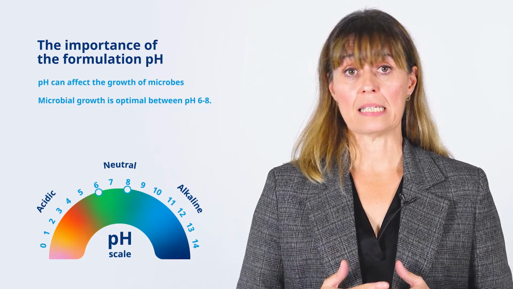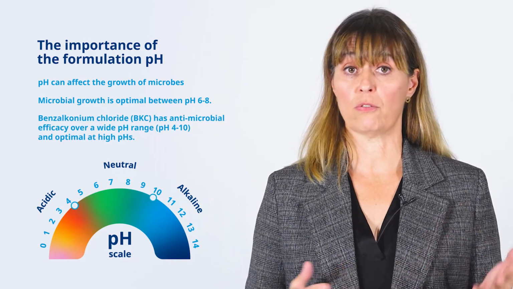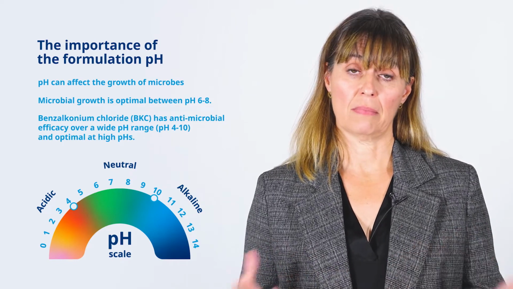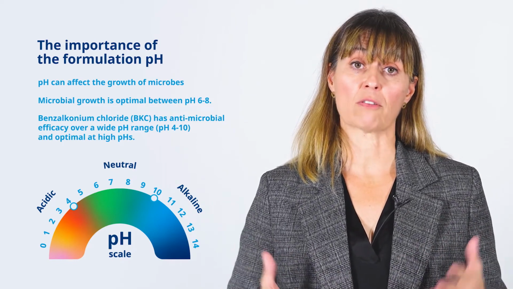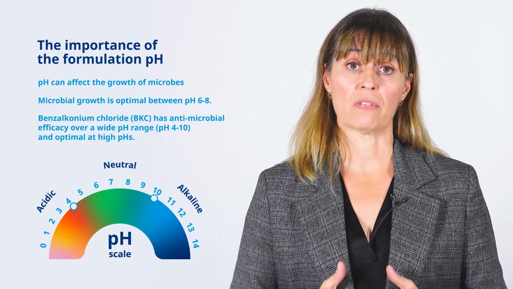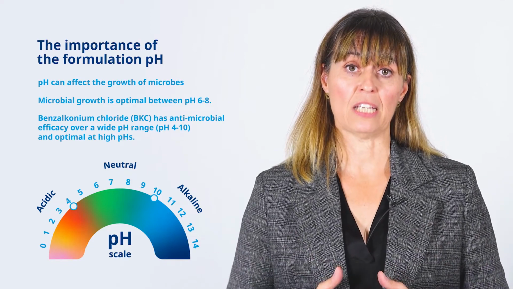Benzalkonium chloride is effective at a very wide pH range, as mentioned, between 4 and 10. So if your formulation has a pH outside the pH range of 6 to 8, you still want a preservative such as BKC to be effective within these pH ranges.